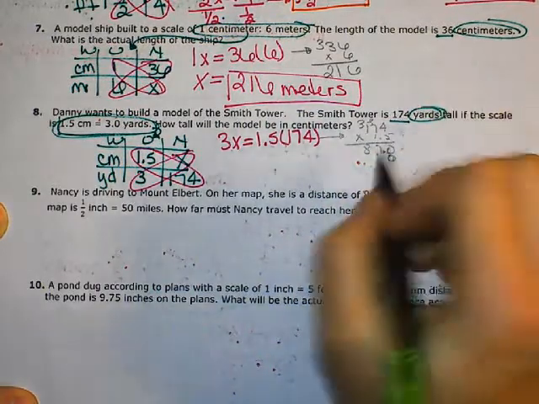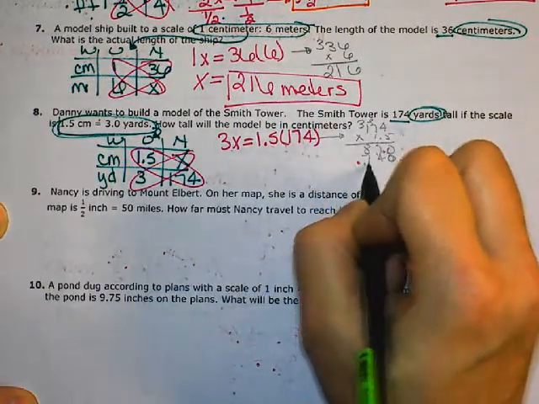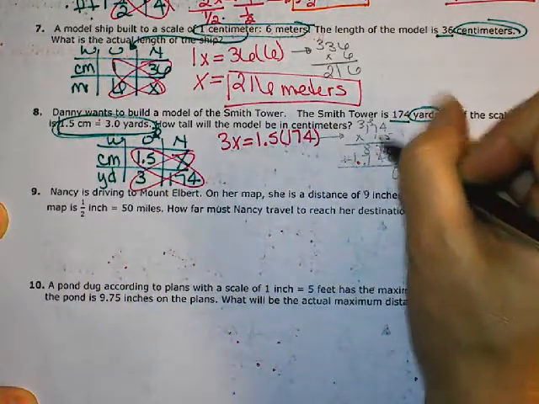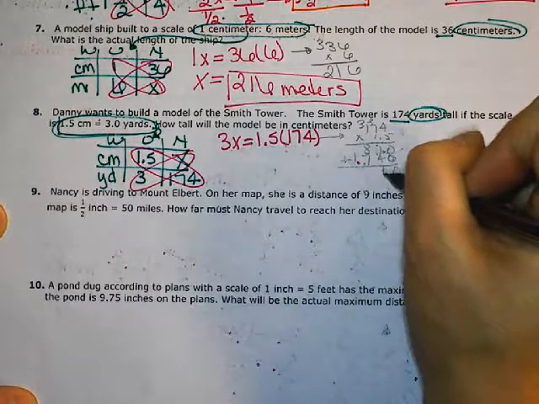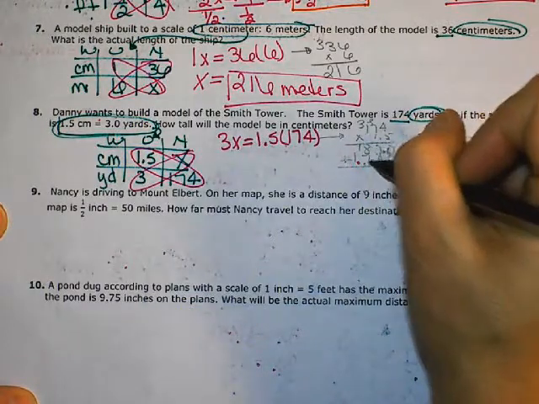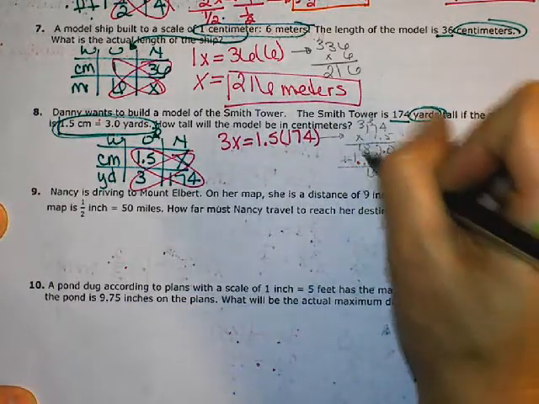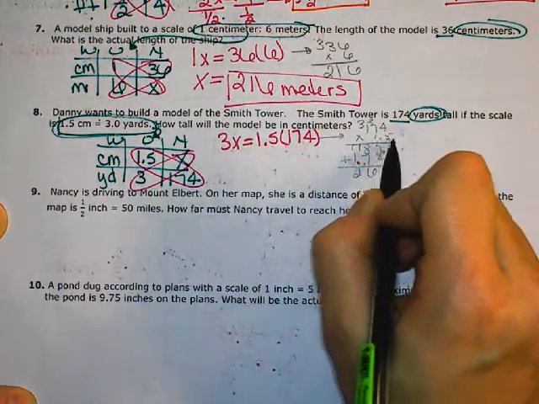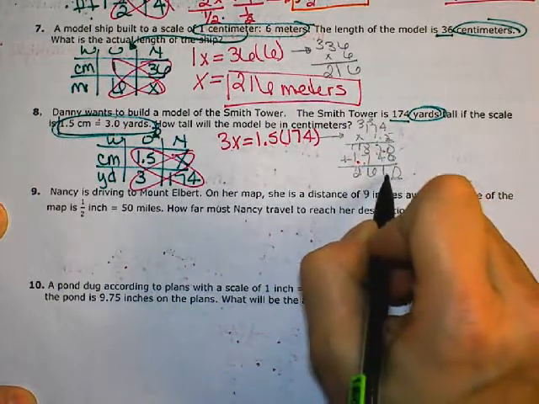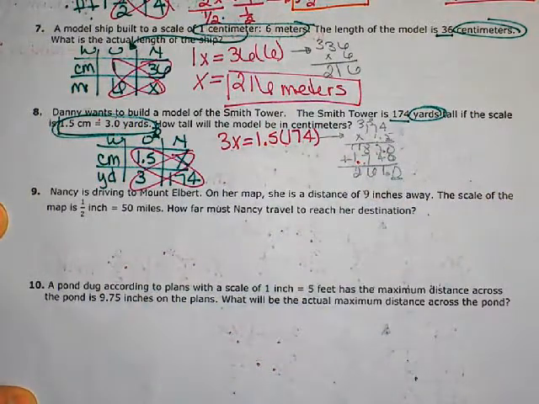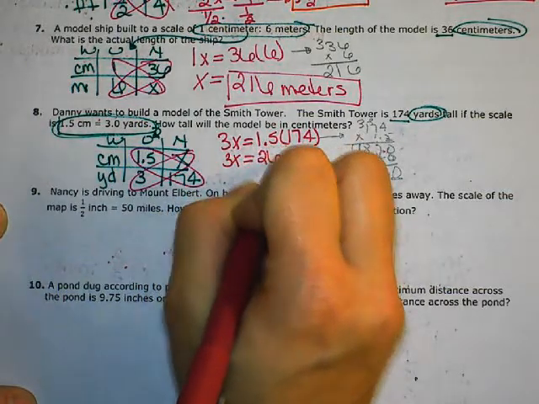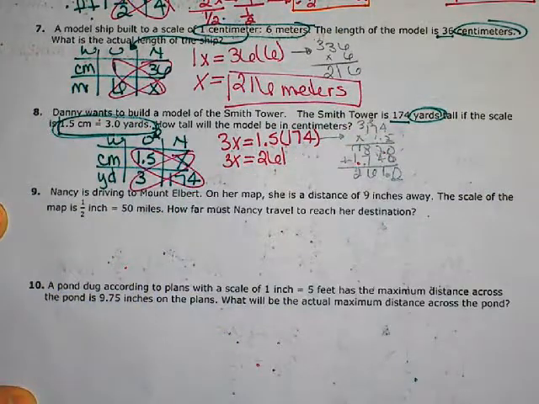Use my placeholder 0, so I can multiply 1 times 4 is 4, 1 times 7 is 7, and 1 times 1 is 1. Add up the product of those two numbers. 7 and 4 is 11. 8 and 7 is 15, plus 1 is 16, and 1 and 1 is 2. But remember, if I've got one number behind my decimal in my problem, I need one number behind my decimal in my solution. So right now, I have 3 times x equals 261. Now what is the next step?